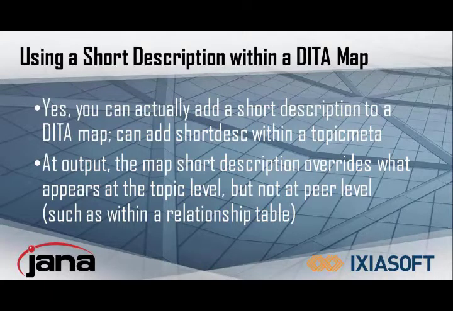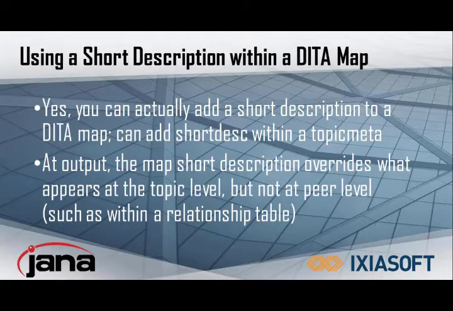Just to explain, let's say you have a short description that you've written in the map, and then you have a short description that appears within an individual topic. At output for, say, an HTML page, the information that will appear on the individual web page directly from the map is the link information, and then the short description that comes from the map.